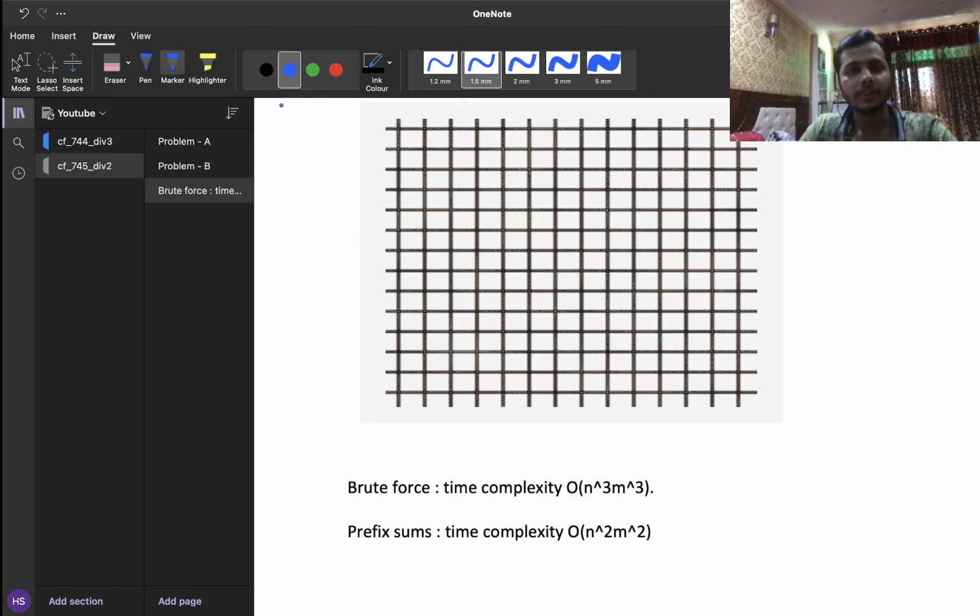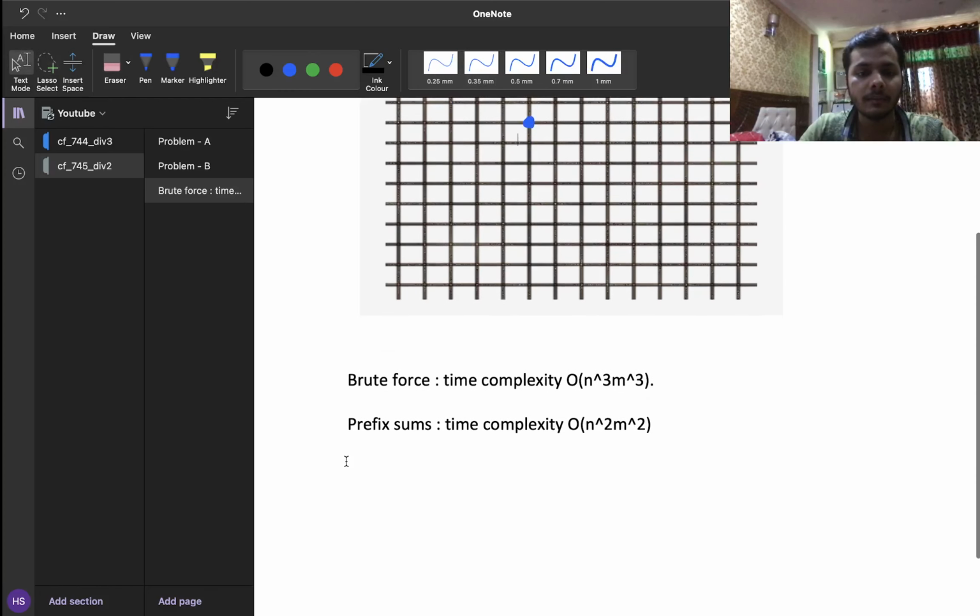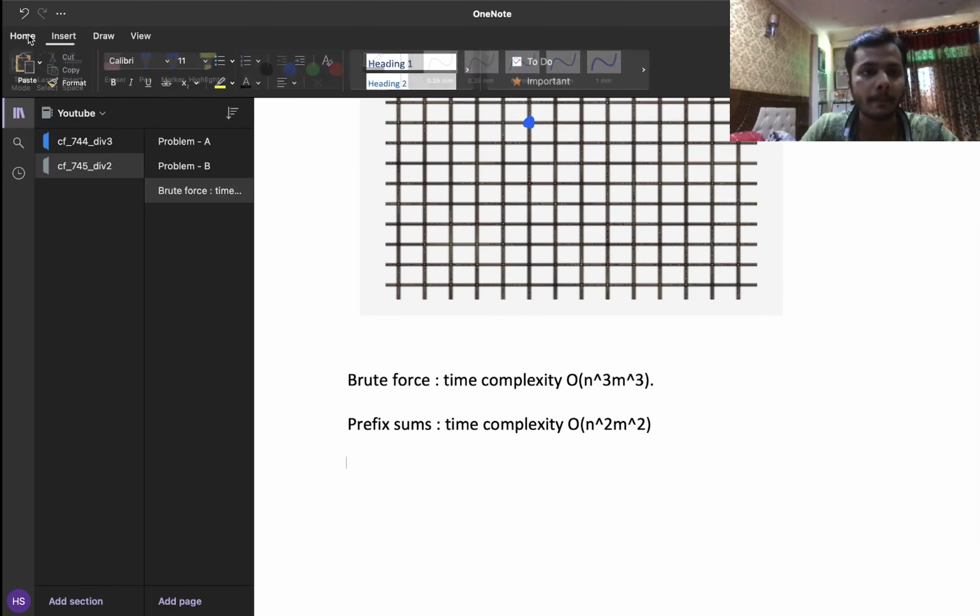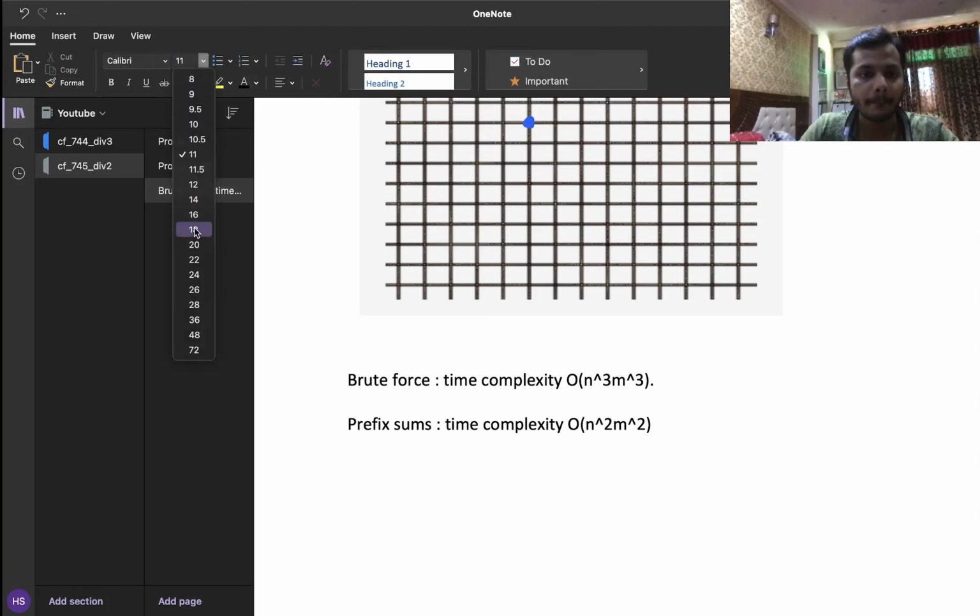So let's see what a prefix sum is. Basically, if I am looking at a particular cell i comma j, then I'll be creating a prefix sum array, where essentially the prefix sum will be a 2D array.